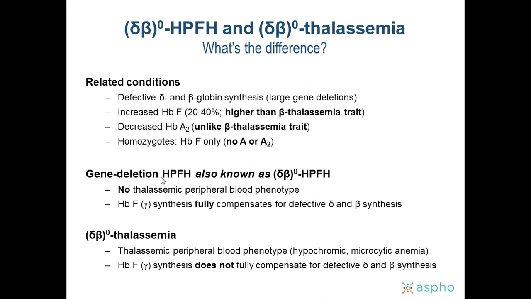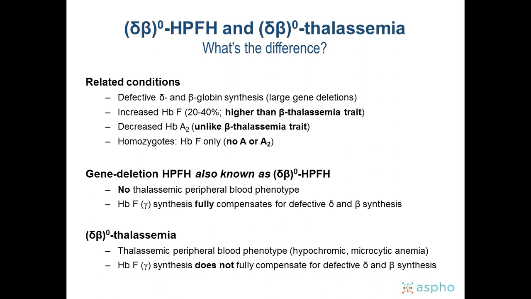But gene deletion HPFH gives you no thalassemia peripheral blood phenotype. So you don't have microcytosis, you don't have anemia. So hemoglobin F production is upregulated enough to fully compensate for defective delta and beta synthesis, as opposed to the mutation being just a little bit different, where there's not enough compensatory gamma globin chain production to compensate for that.